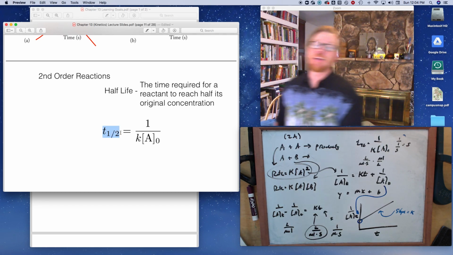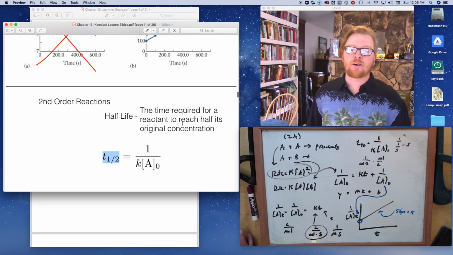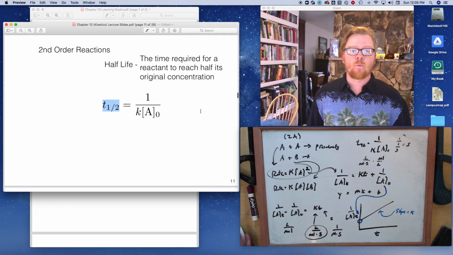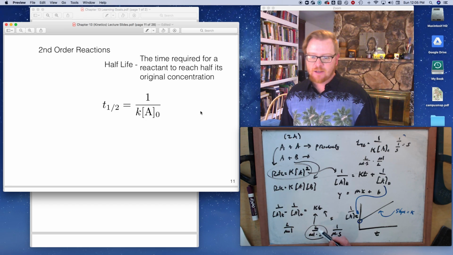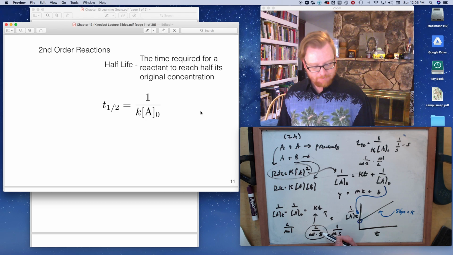And again, the unit doesn't have to be second. It could be minutes, years, hours, days, whatever's appropriate for the time scale. But we do have to recognize the unit of k is liter per mole per time, so liter per mole per minute, liter per mole per year, as long as it's liter per mole per time.